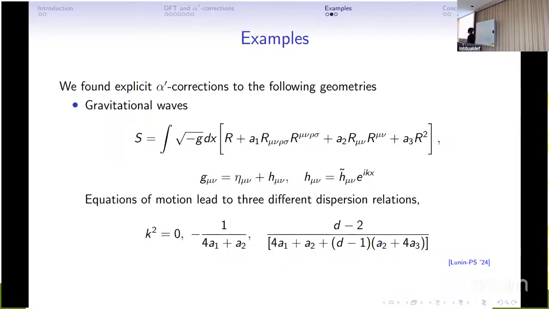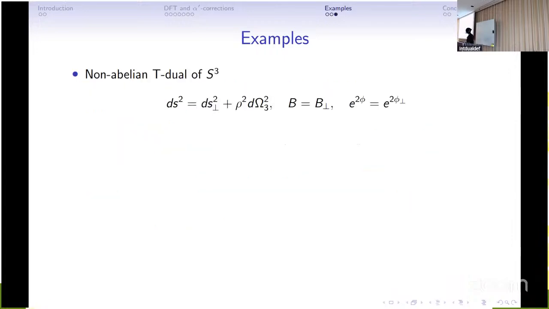It turns out that the equations of motion lead to 3 different dispersion relations, where this is the usual one, the standard gravitational waves. And these 2 branches actually do pop out solely because of having alpha prime corrections. That is something that we observe.